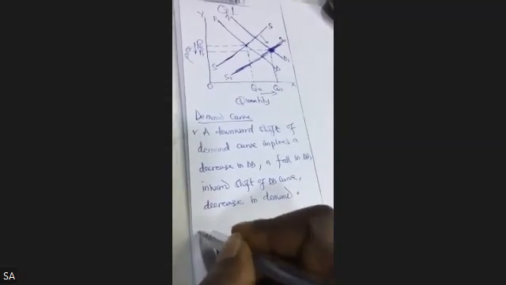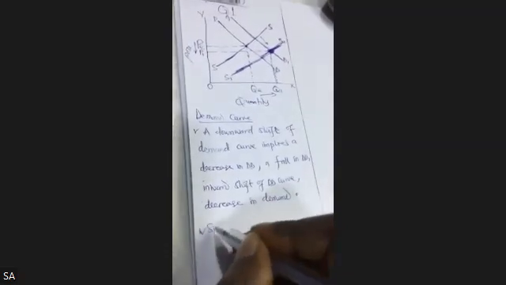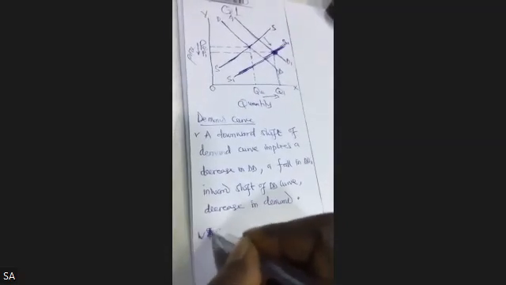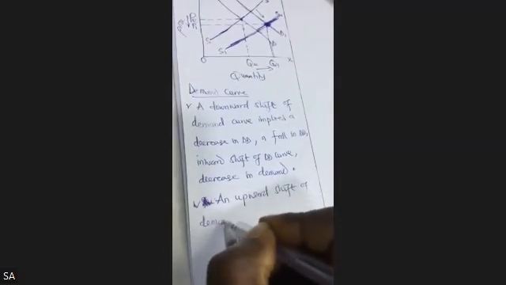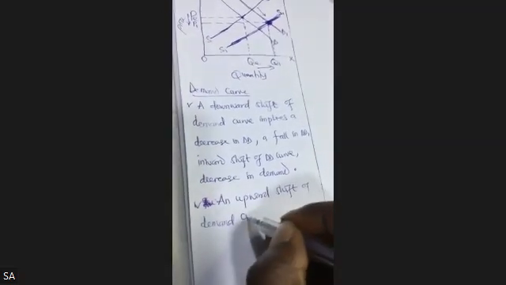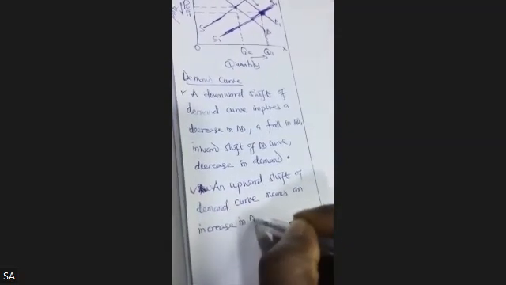Okay, let's talk about supply. Actually, we are still talking about demand. An upward shift of the demand curve means an increase in demand, a rise in demand.